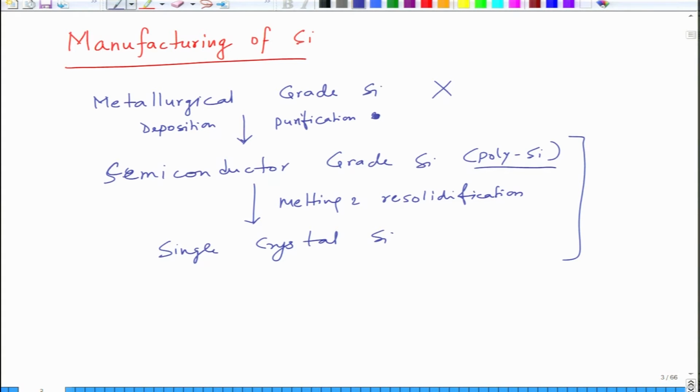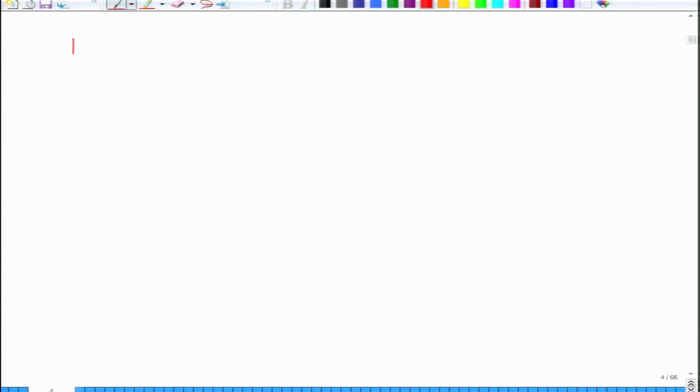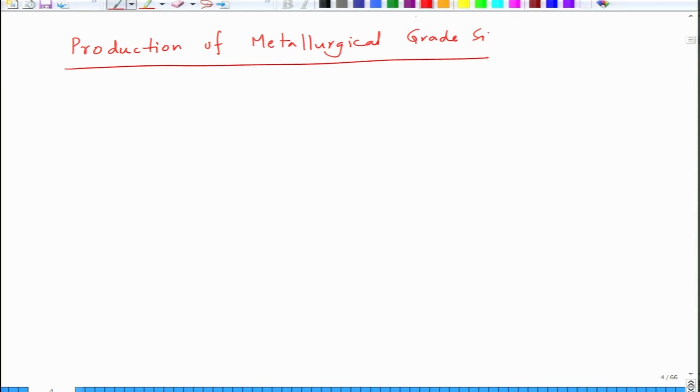So, how do you produce metallurgical grade silicon? Metallurgical grade silicon is basically made by starting with lumpy quartz.